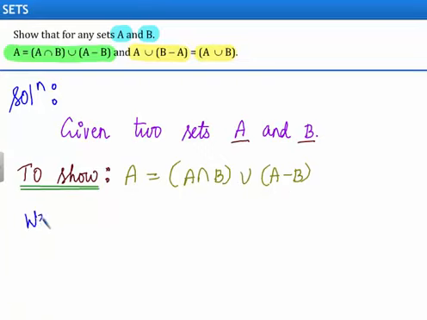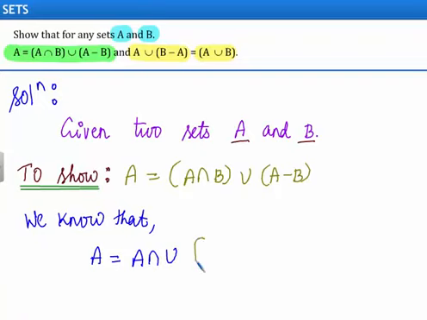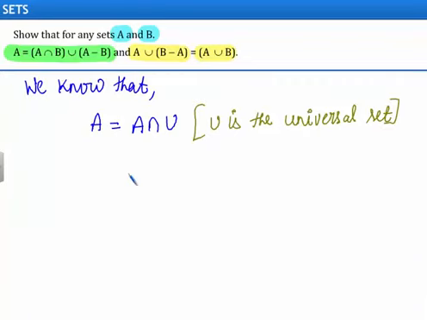We know that set A is equal to A intersection the universal set, where U is the universal set. This will be equal to A intersection B union B complement.